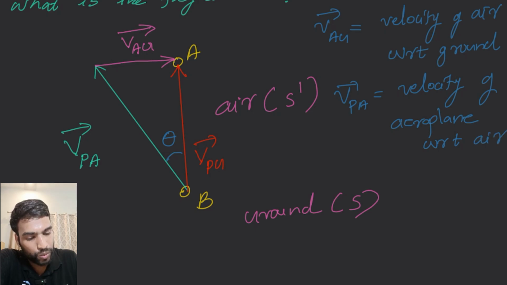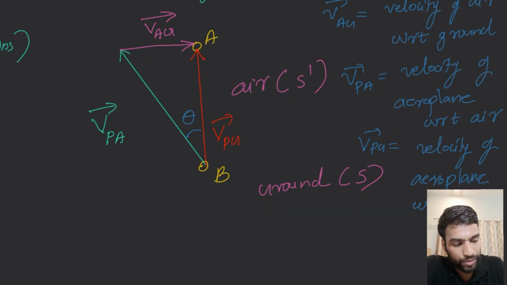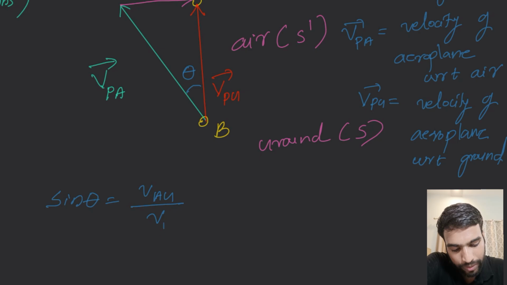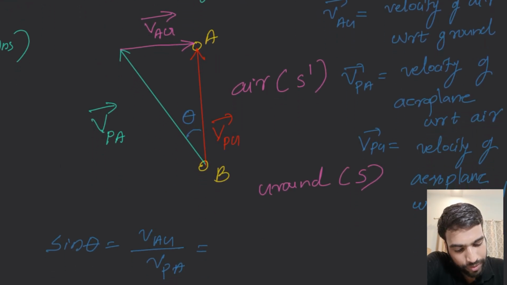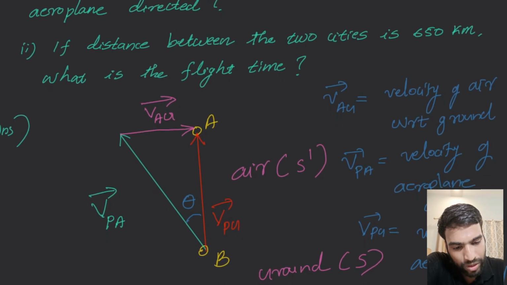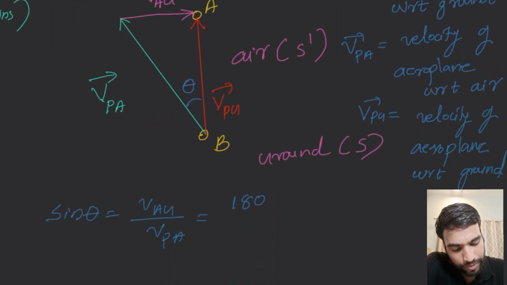Okay, and what is this VPG? VPG is nothing but velocity of aeroplane with respect to ground, which we don't know. Okay, right. Now how can we find theta? We can use again sine theta. Sine theta is VAG divided by VPA. VAG is 180 and VPA is 720.